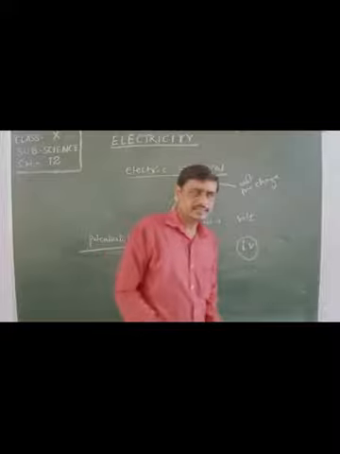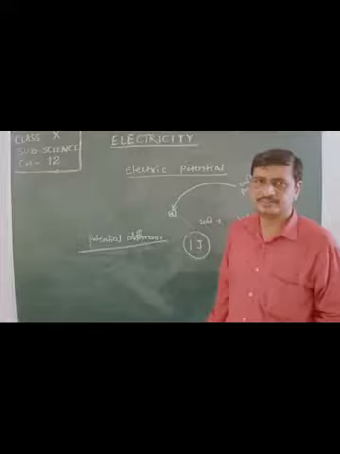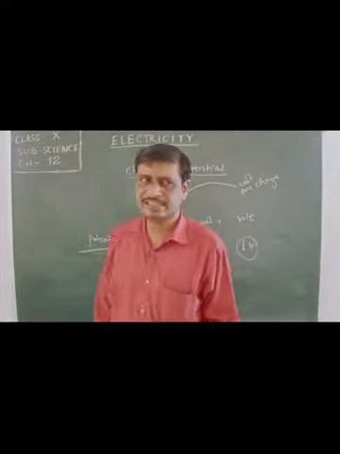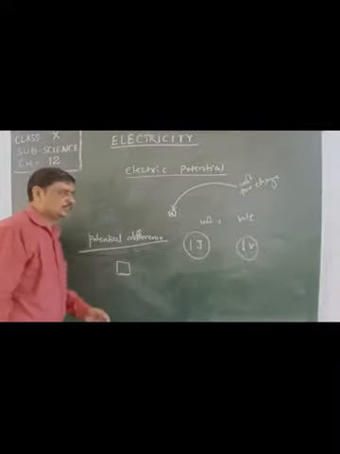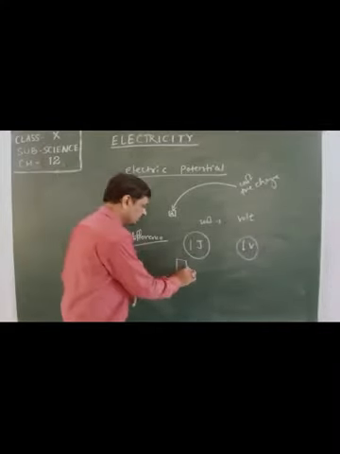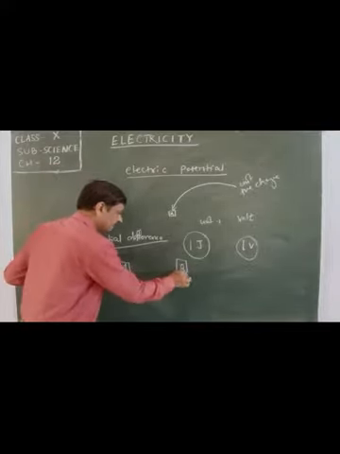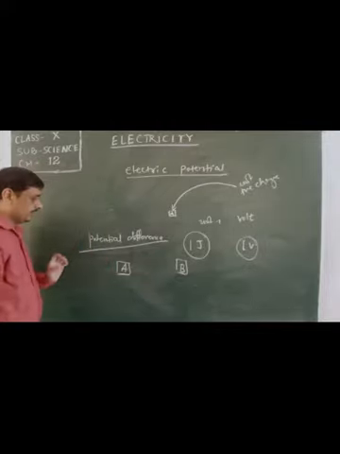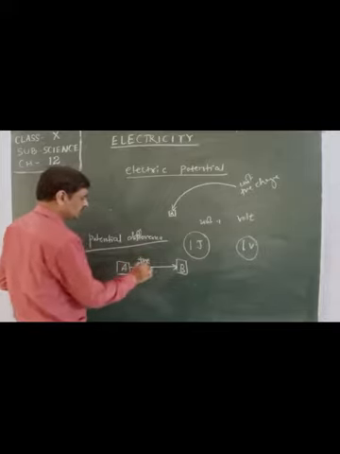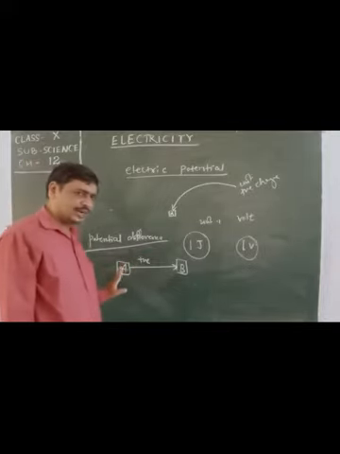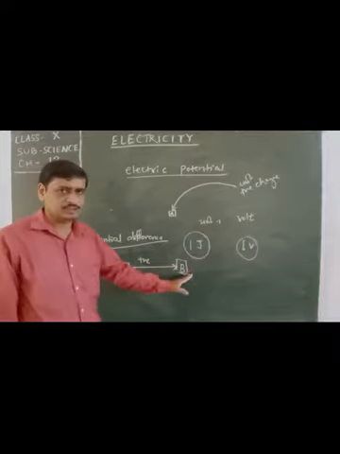Next, potential difference. It is the difference between the electric potentials of two points. The amount of work done to move a unit positive charge from one point to another point is said to be the potential difference between the points. Like A and B are two points, and the work done to move one unit positive charge from one to the other is the potential difference between them.